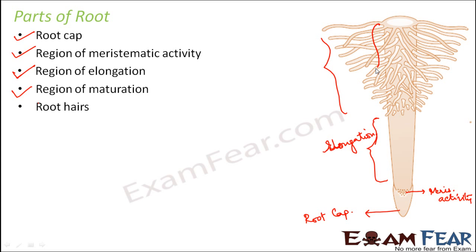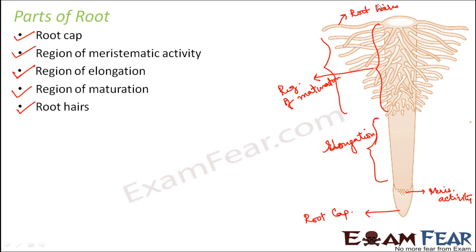Basically, I am talking about this area. So this is the region of maturation. And the last one is root hairs. These hair-like structures which you see are nothing but root hairs. So these are the different parts of the root.